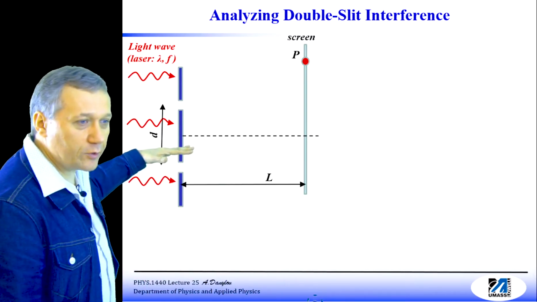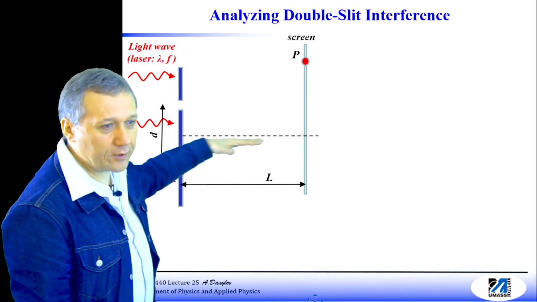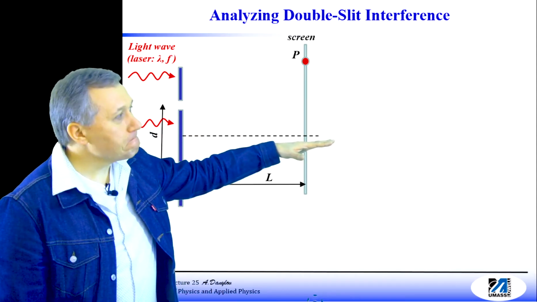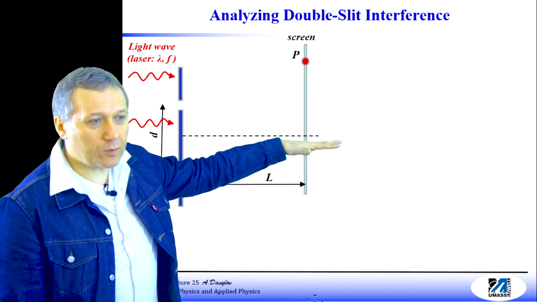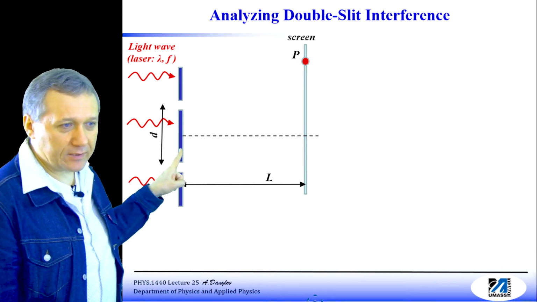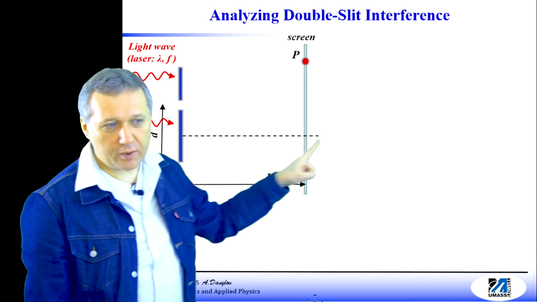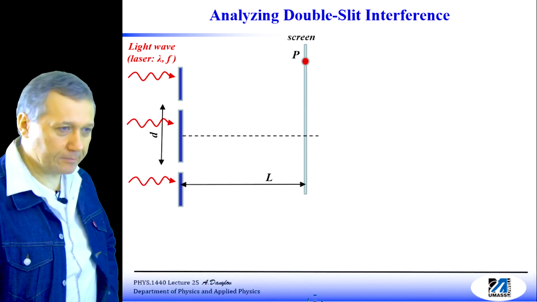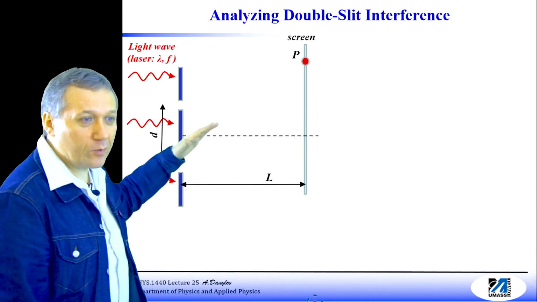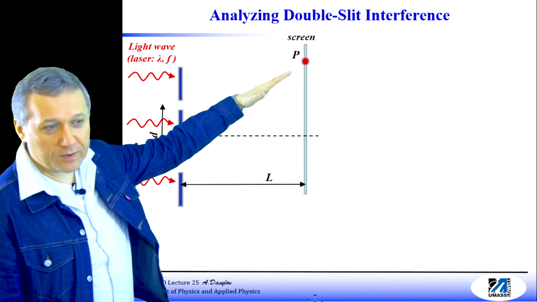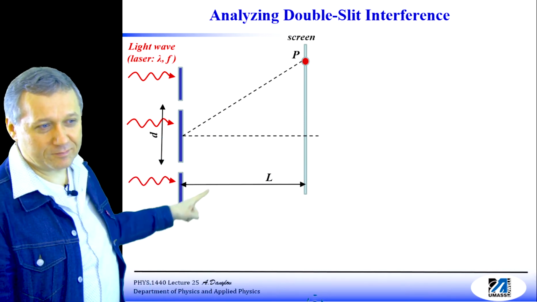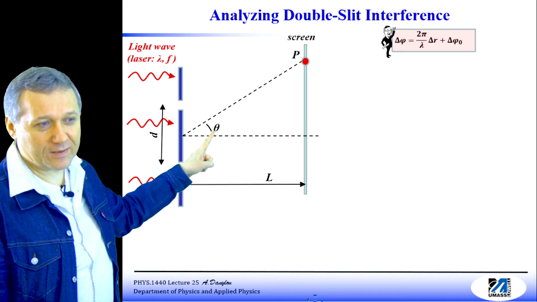First, let me introduce this auxiliary line, which is basically the center of the double slit. So this is the center of the double slit, and I just draw this auxiliary line, right? And so we can define the position of that spot using an angle, this angle theta.